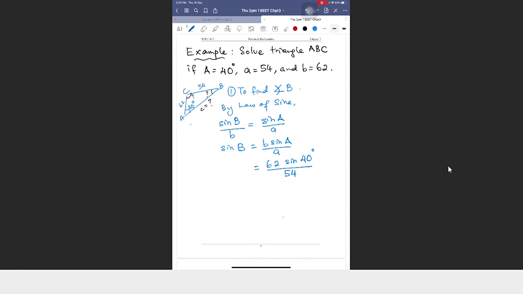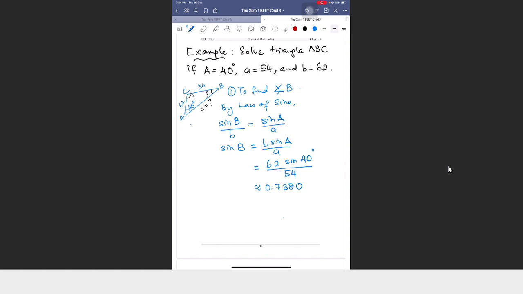Now if I use a calculator and compute this, I get approximately 0.7380, to four decimal places. Again, my value for sine B is positive. Sine B is 0.7380.